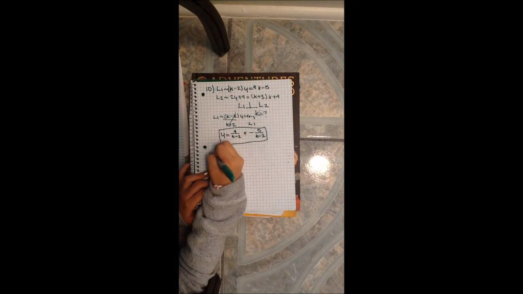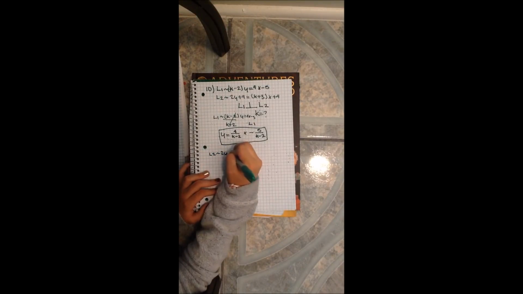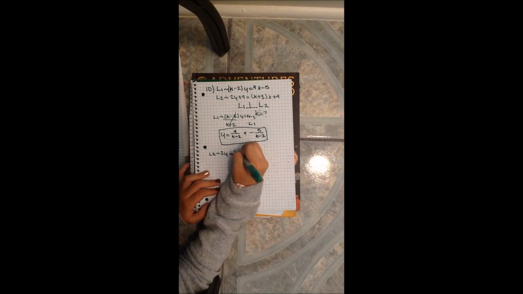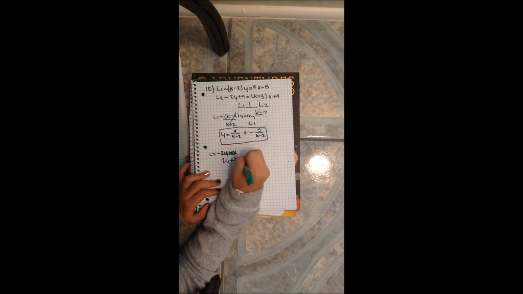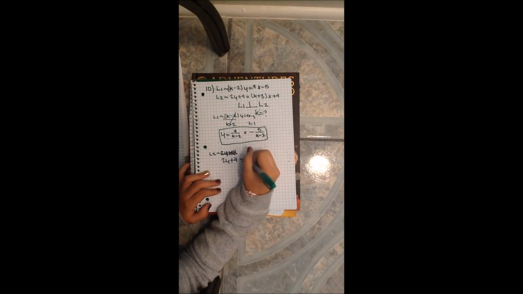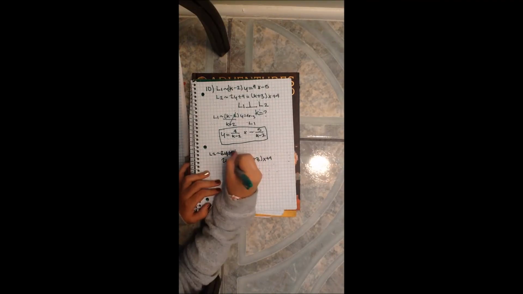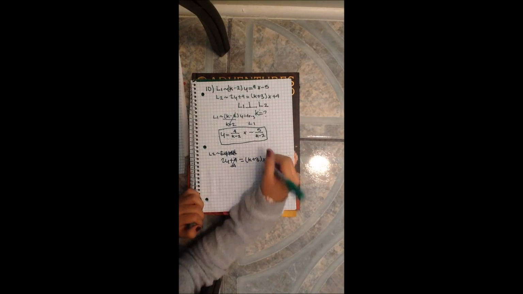Now line 2 is 2y plus 4 equals k plus 3 times x plus 4. Get rid of your 4, so minus 4 cancels out. Minus 4 over here, so this one cancels out too.